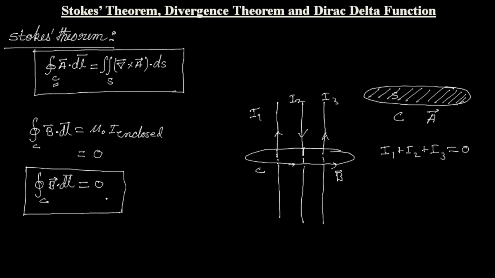But we cannot get any idea how the current is distributed inside the loop, or how the magnetic field is behaving at each point inside the loop. From this line integral we can only get an idea of how the magnetic field is rotating along this loop.